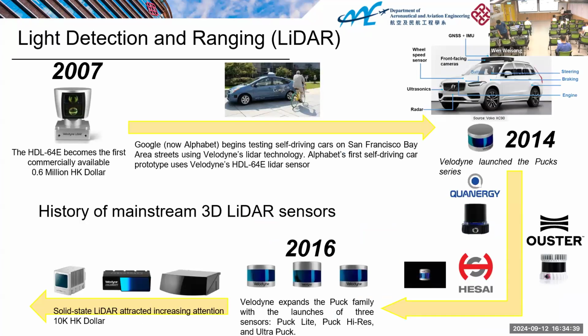For example, these are several milestones for LiDAR sensors, showing how the cost changed over time. By 2007, it was around 0.6 million Hong Kong dollars for this sensor. This one is from DJI.